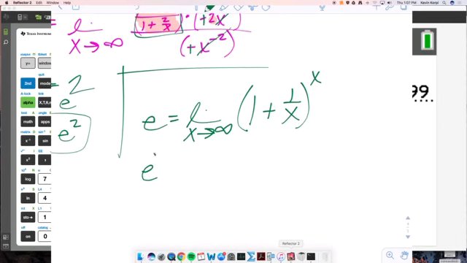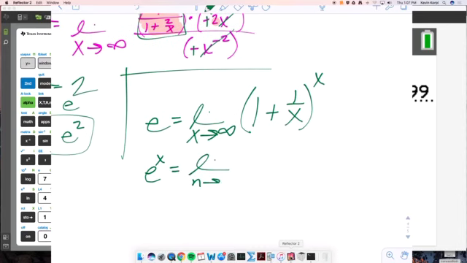In general, e to the x is defined to be the limit as n goes to infinity of 1 plus x over n to the nth power. I changed the variable x from above to n, and I let n go to infinity.